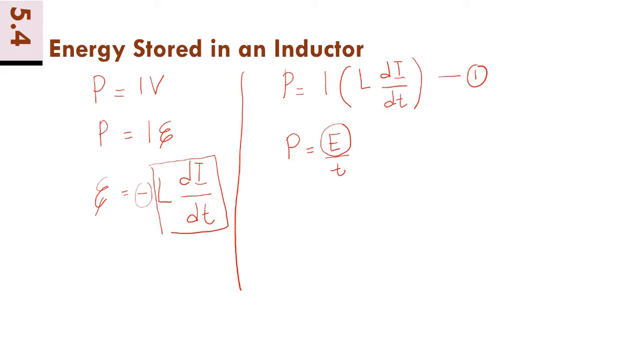So to avoid confusion, we use capital U. So we write U over t. But to derive the formula for energy stored in an inductor, we consider that P equals dU over dt.